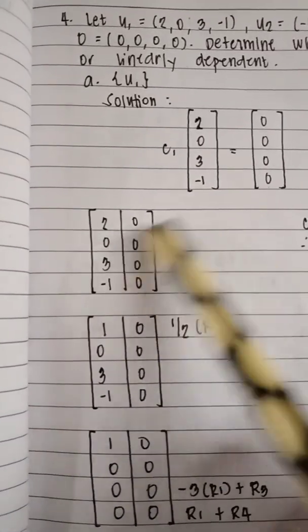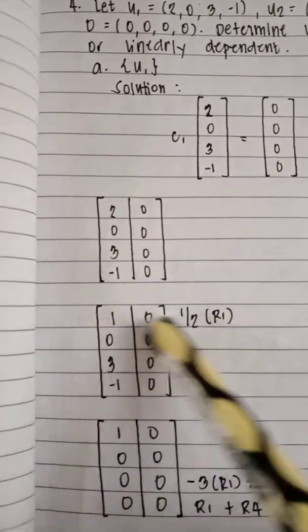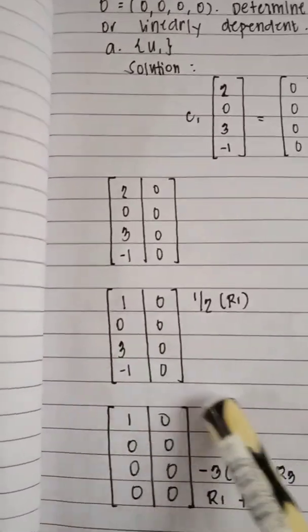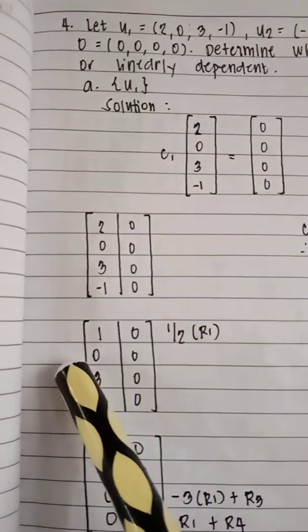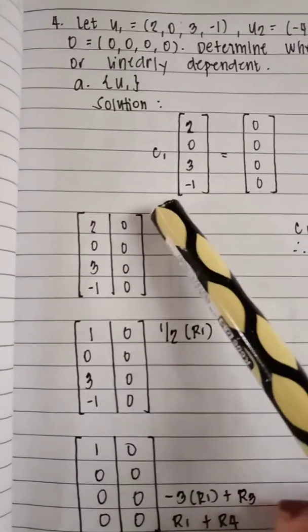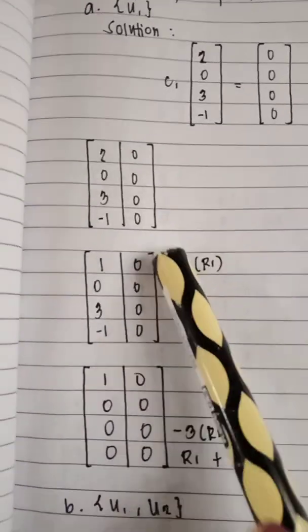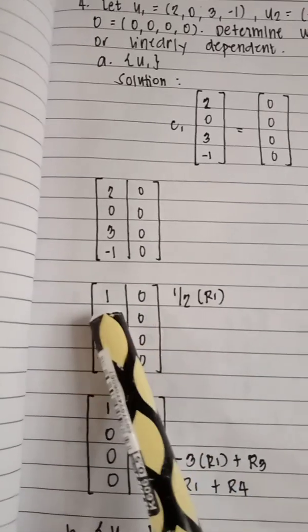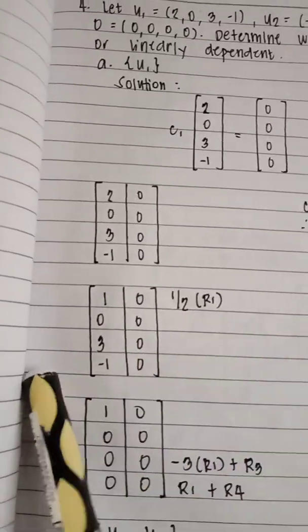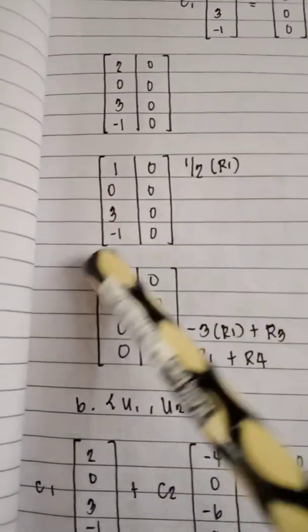So, first, we will just copy row 1, row 2, and row 3. So, 1/2 times R1: 1/2 times 2 is equal to 1. 1/2 times 0 is equal to 0. Next, since our row 2 is 0, we will proceed to row 3 and row 4.